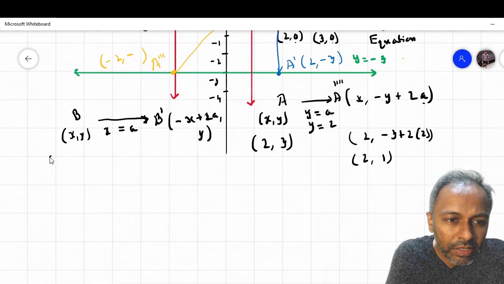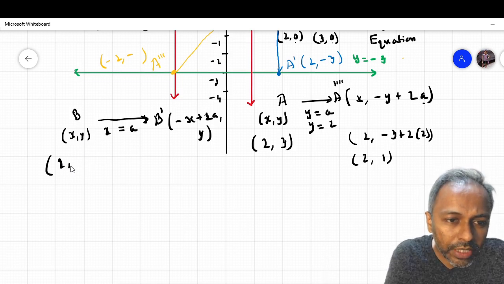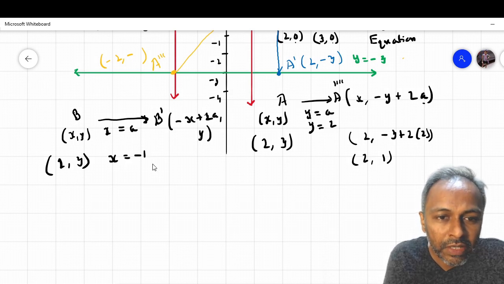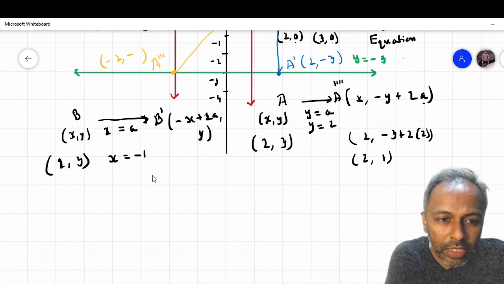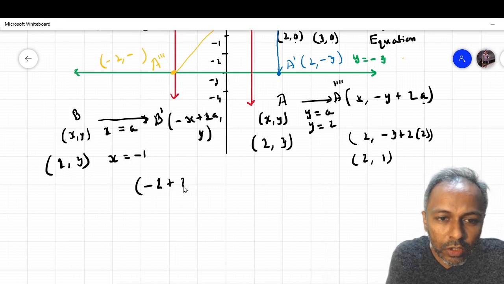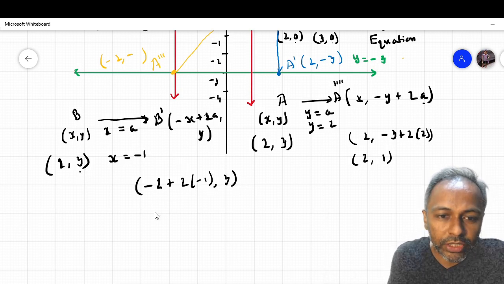Say we have (2, 3) here, and say the reflection is about x = -1. In this case your answer B dash would be minus x, so minus the x coordinate 2, plus 2a, but a is minus 1, comma y is the same as what it was in the question.